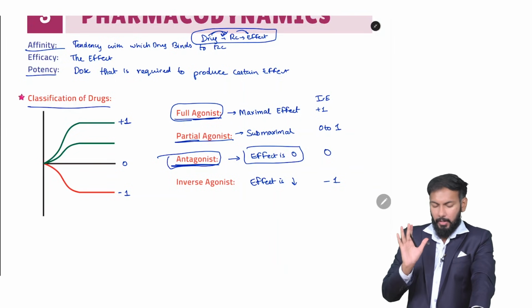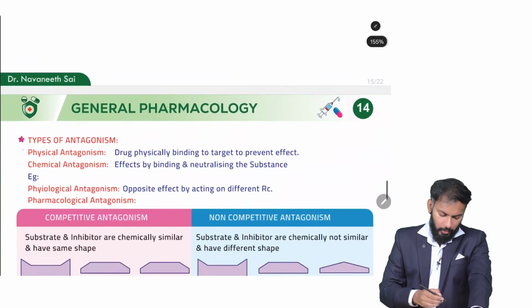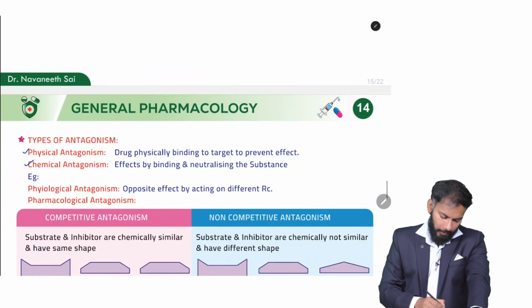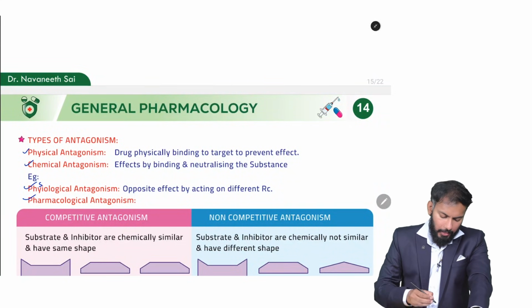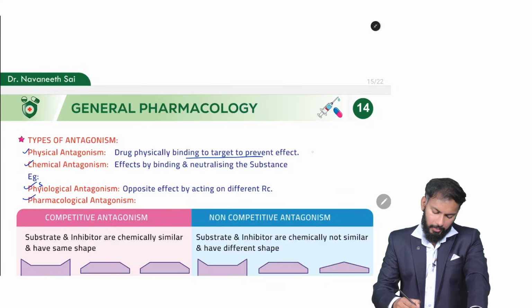Effect is 0, antagonist. Now there are different types of antagonists. What are they? You can see here: physical antagonism, chemical, physiological and pharmacological. What do you mean by physical? The drug physically binds to the target to prevent the effect. Let us suppose you give activated charcoal in poisonings, that is physical.